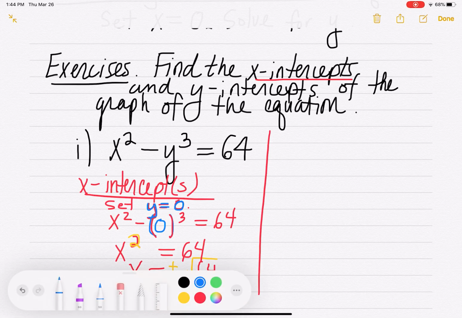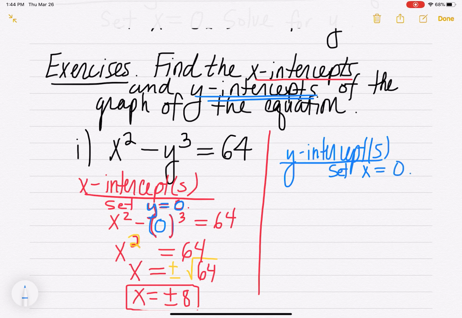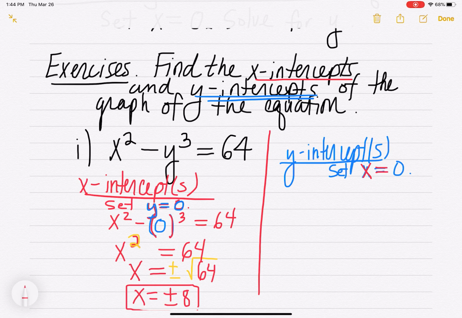Okay, secondarily, we want to find the y-intercepts. So remember how we said we're going to find the y-intercepts? We're going to set the x equal to 0 and solve for y. So x is going to get set equal to 0 in the two-variable equation, and we're going to solve for y.